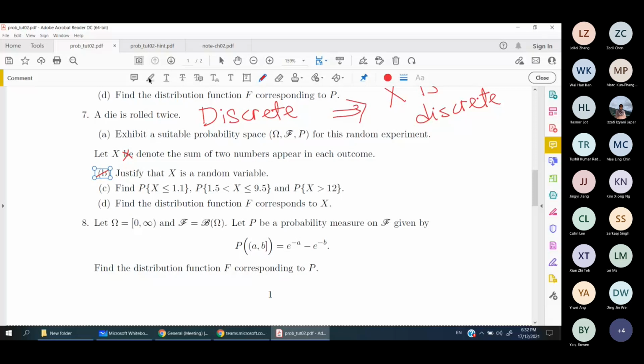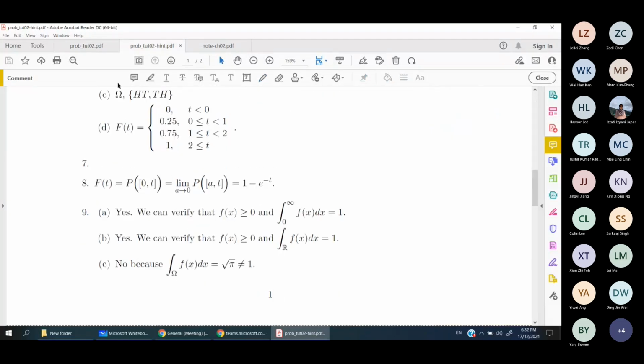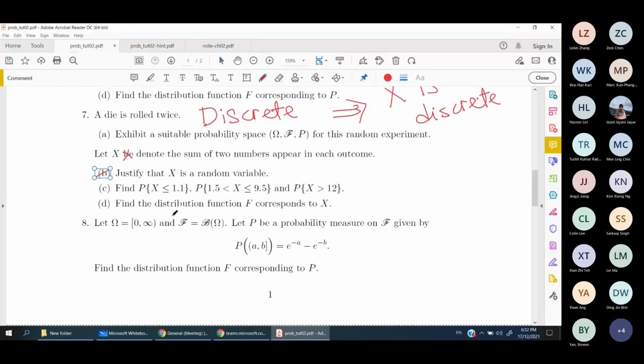What is my answer? No answer. Okay, it's too troublesome. You guys go and verify it yourself. Maybe I will just do the first few steps and then you guys go and complete it yourself.